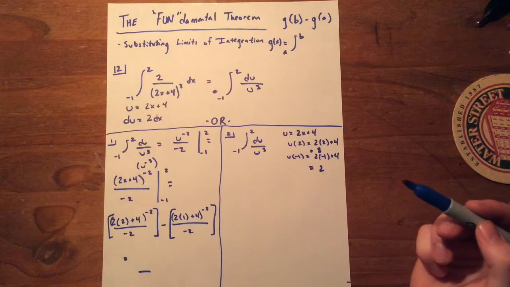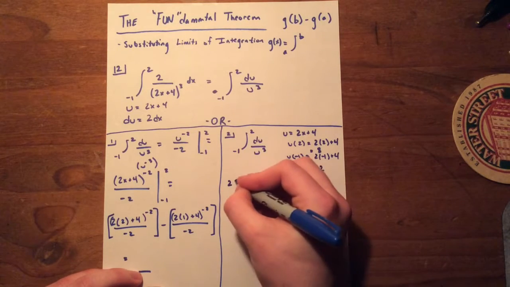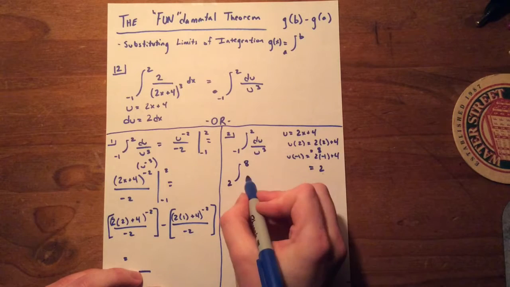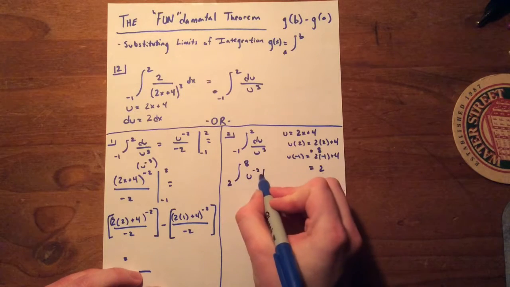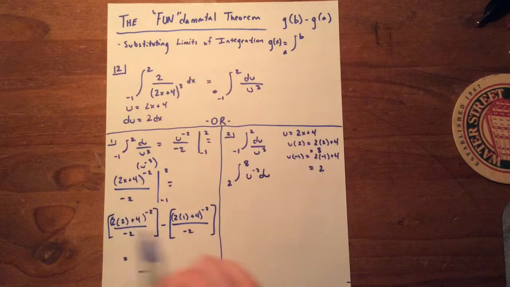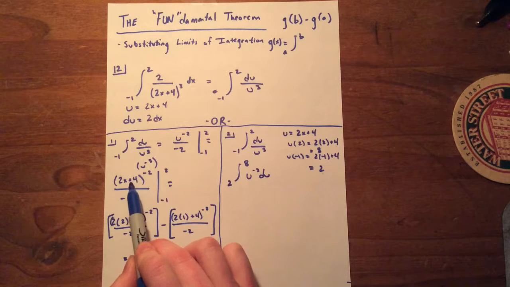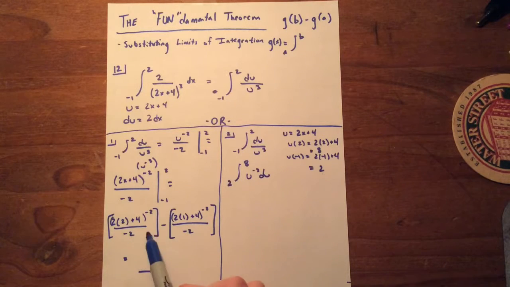And the thing that we actually get to do when we change the limits of integration is put them in. And I'm going to rewrite this as this. And you actually just get to take this integral and not have to worry about substituting it back in. So like what we had to do here was put 2x plus 4 in and then do the algebra, and it looks super messy.